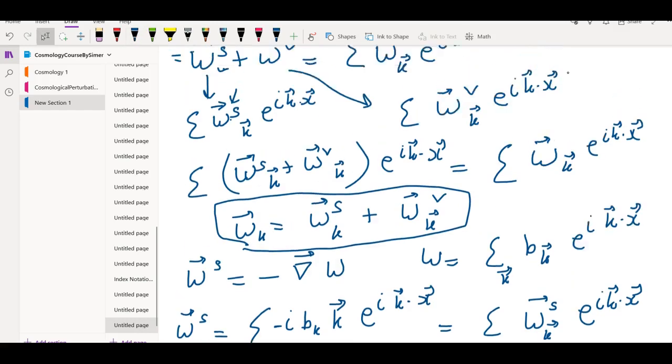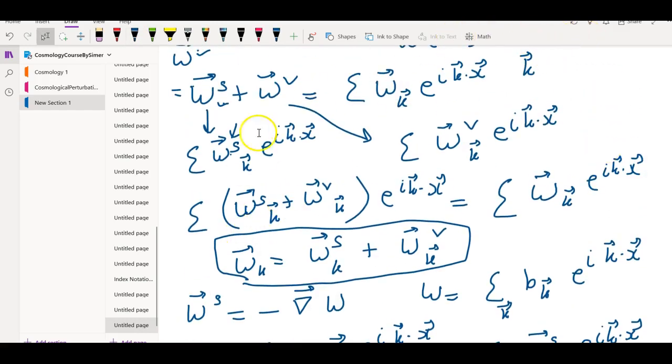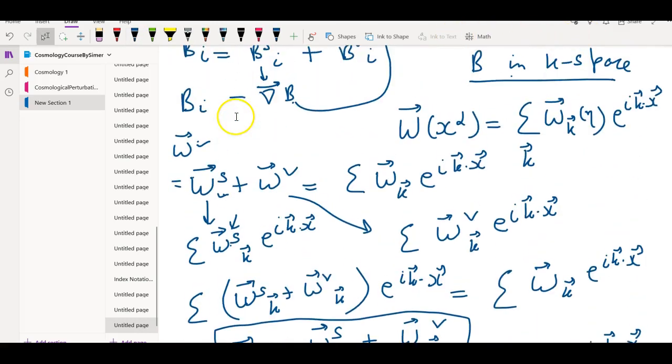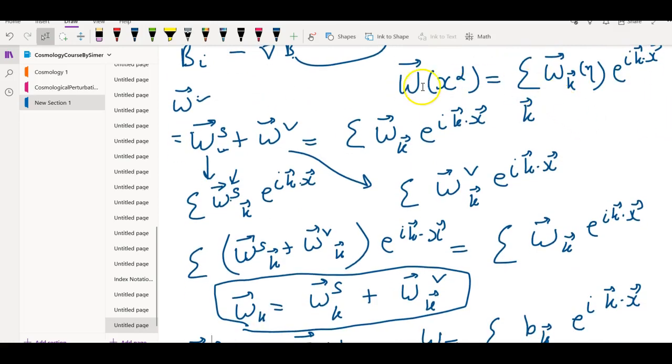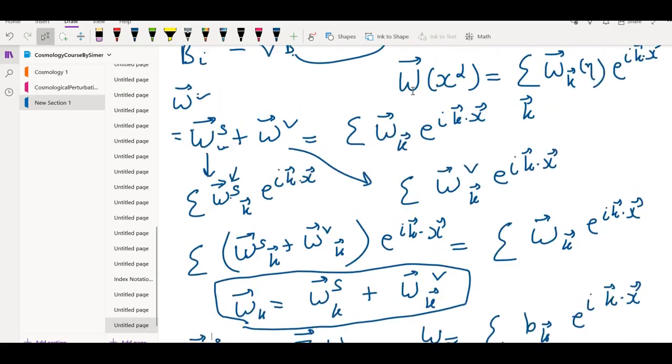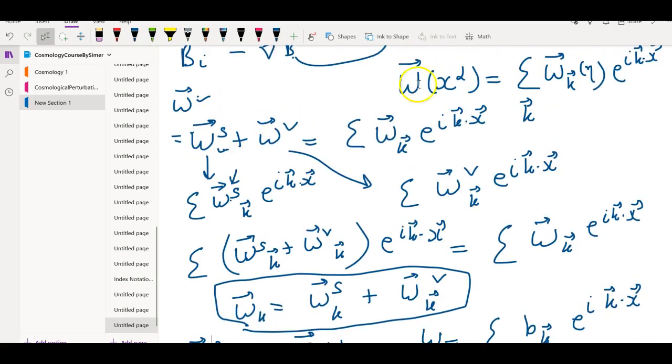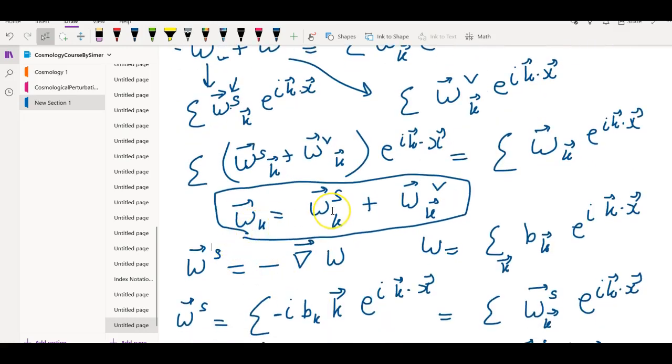What is WK vector? WK vector is the Fourier coefficient of the original w vector. So we write the original w vector in terms of the Fourier coefficient WK. Then we split WK into two parts, WKS and WKV.